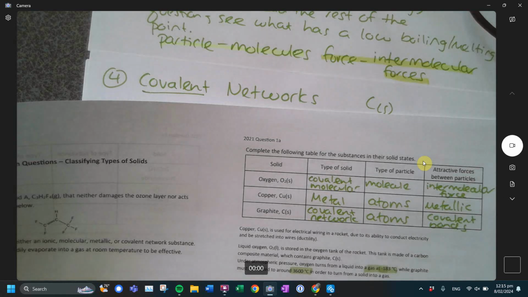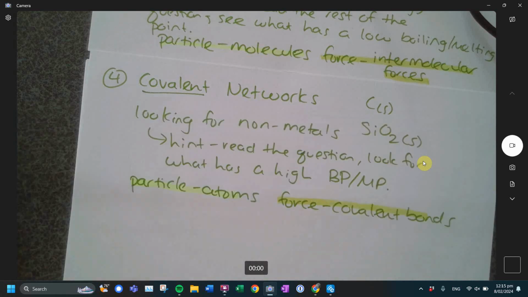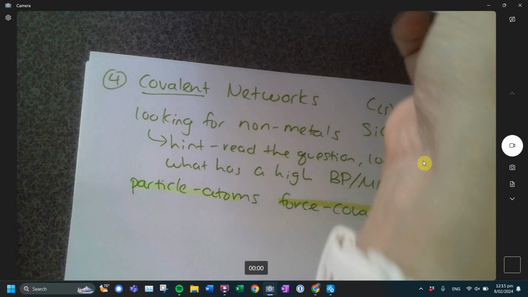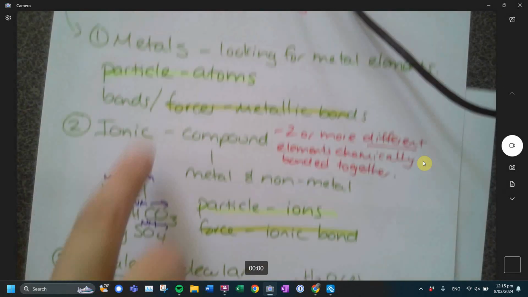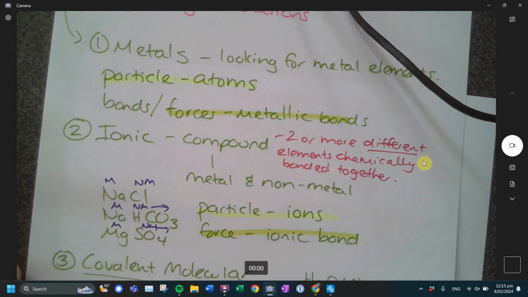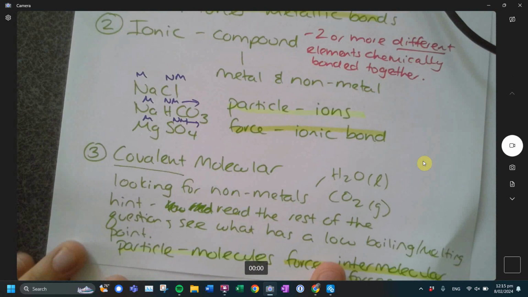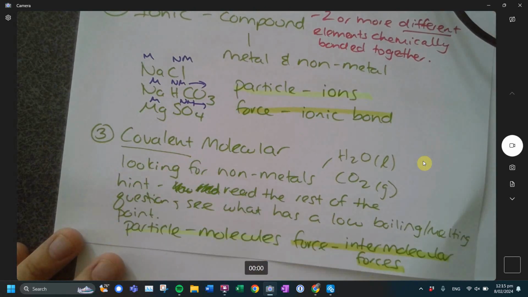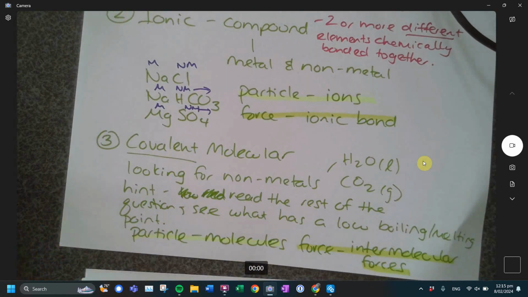Questions, concerns, comments? No? All right, trying to think. So, when we are doing this topic, in fact, I'm only going to talk about these first two, and then we're going to stop there, and then we will pick up term 3, the covalent molecular and the covalent networks.